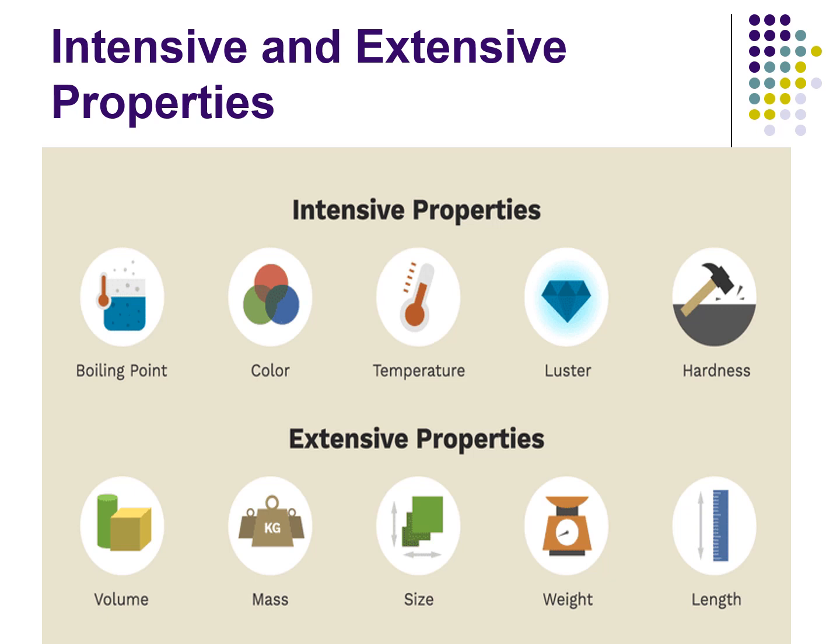See here, intensive properties. I told you it doesn't depend on the amount of matter. That means boiling point. Boiling point doesn't depend on the amount of substance. The boiling point of water is 100 degrees Celsius, whatever the amount of matter is. Suppose you have taken 1 kilogram, its boiling point is 100 degrees.